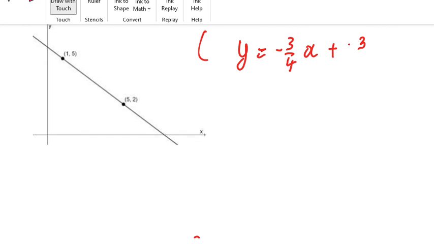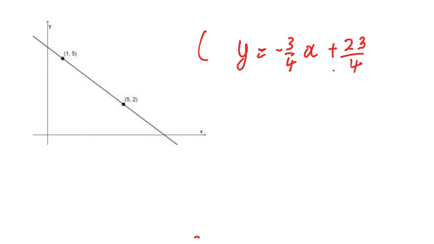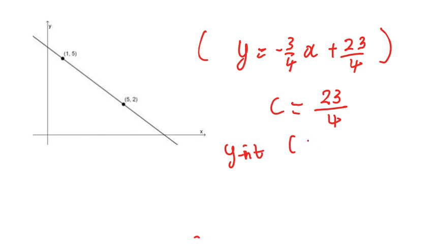So our value of c is this part. Our c in this equation is 23 over 4. Which means our y-intercept is 0, 23 over 4. That is positive. So this is our y-intercept. Simple. Can we move?